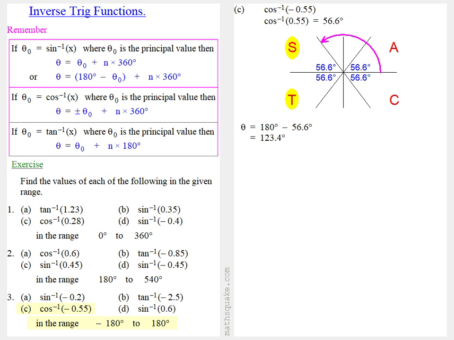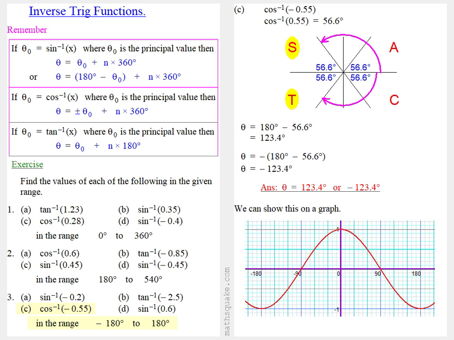And to get to the angle in T, we have to go clockwise, which is negative. So it's minus 180 take away 56.6 degrees, which is minus 123.4 degrees. And so we have two solutions, 123.4 degrees and minus 123.4 degrees.